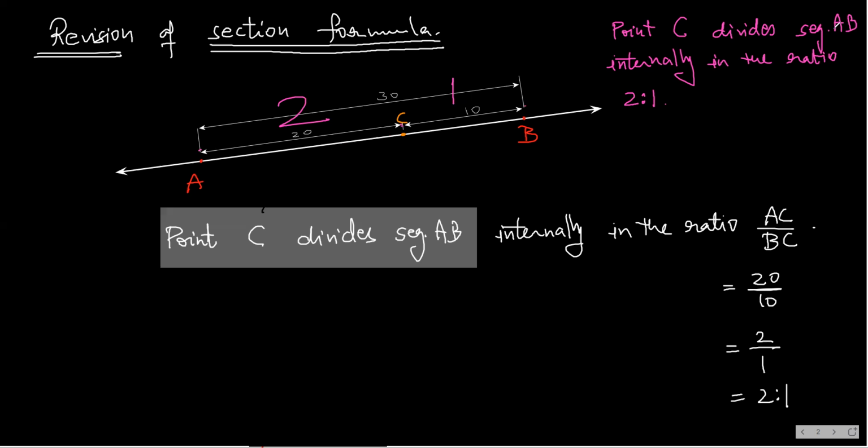When I say C divides AB internally in the ratio 2:1, it can also be understood as if there would be a total of 3 sections. I'm sorry, I said segments.